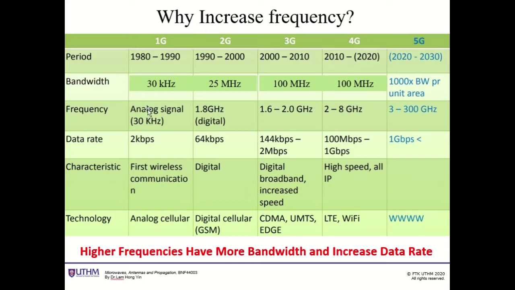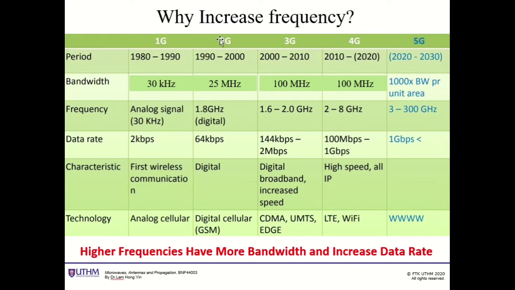It uses an analog signal with frequency at 30 kilohertz, so it's really low, and the bandwidth is only 30 kilohertz. Let's look at these three parameters. You can see the comparison from 1G to 5G. The data rate is only 2 kilobits per second.